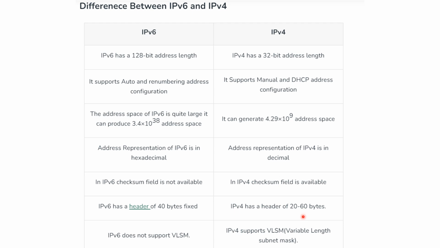IPv4 supports variable length subnet masks, which I studied in the last slide, whereas IPv6 doesn't need any kind of that. It already has so much space, so many IP addresses.